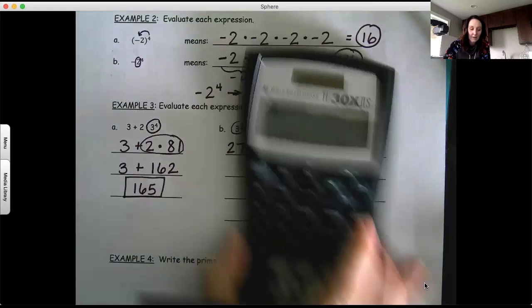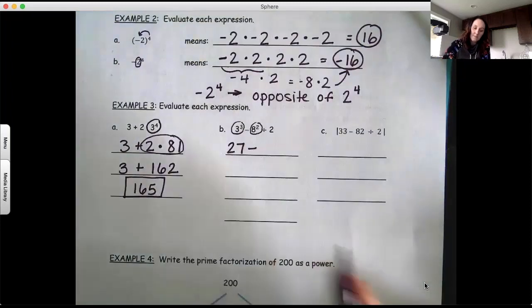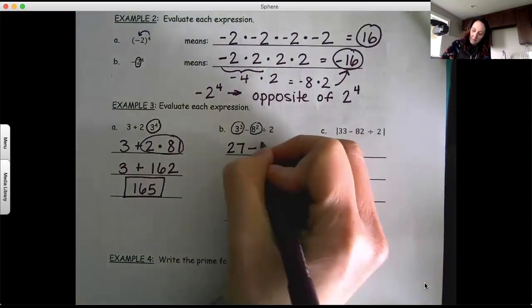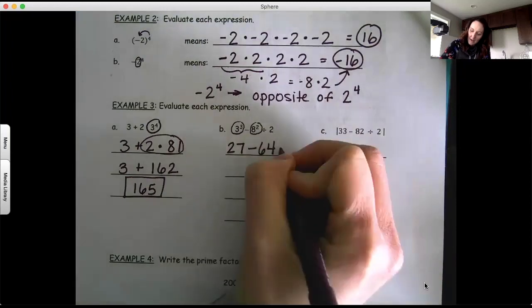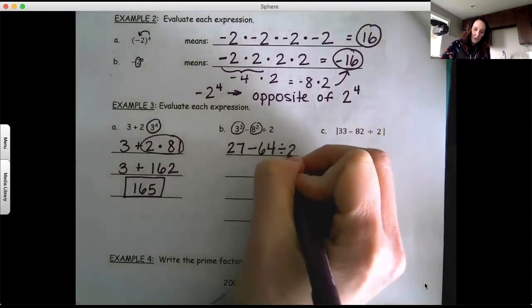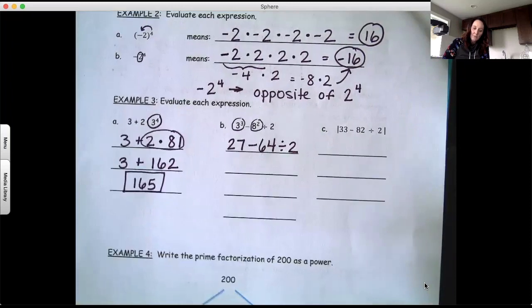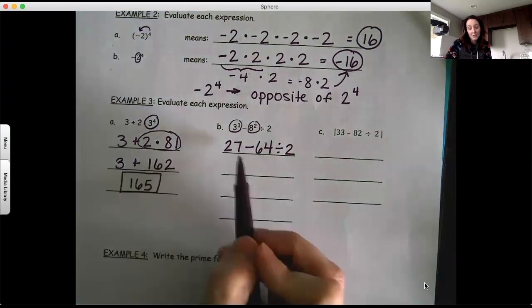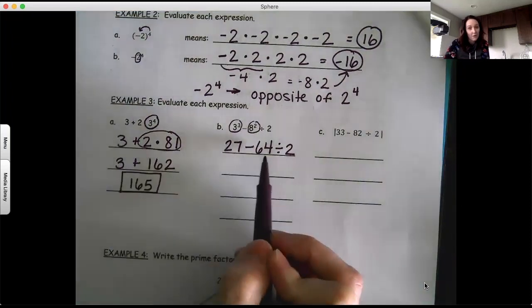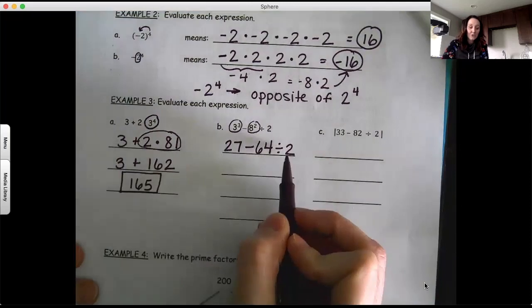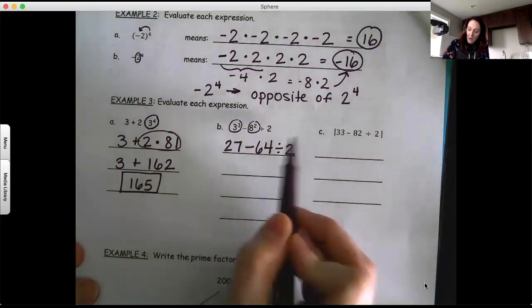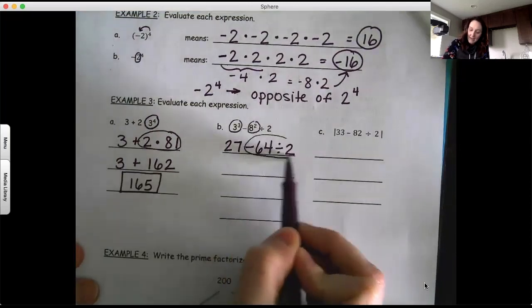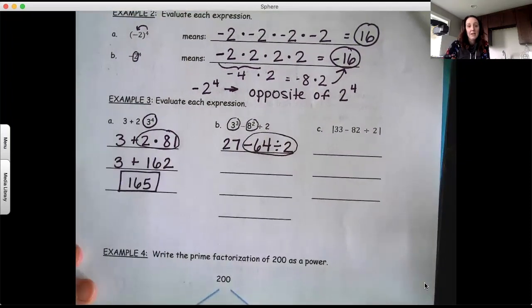And then 8 squared, 8 times 8 is 64. I'm going to do 64. And then I have divided by 2. So when you see this, what is the next order of operations that I'm going to do? I'm not going to do 27 minus 64 because I have this division right here. So I'm going to take negative 64 divided by 2.